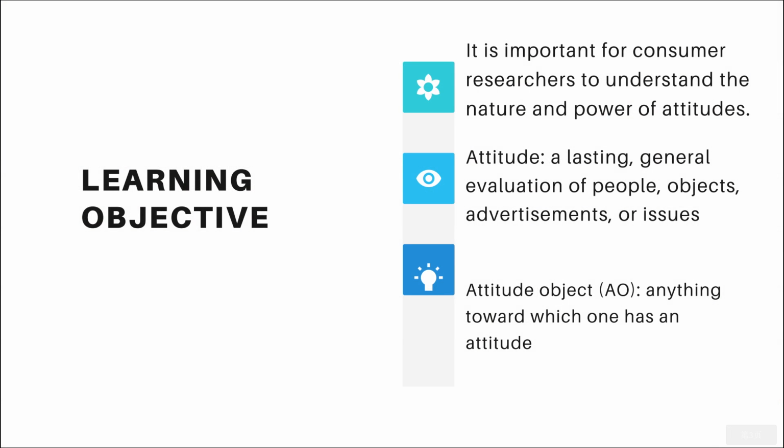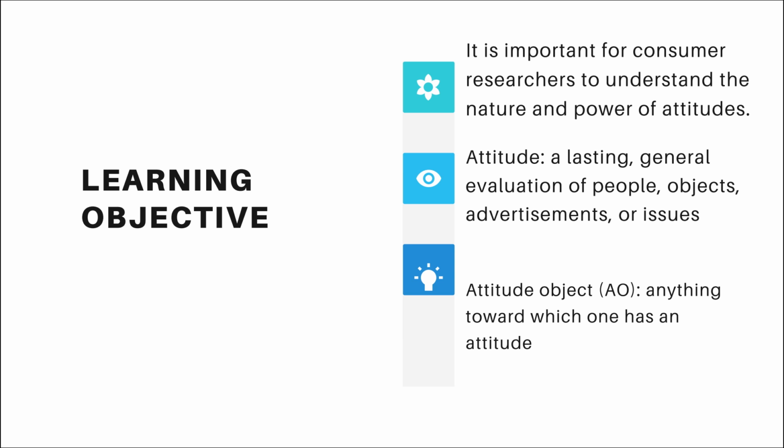All right, let's talk about the learning objective. So the learning objective is that it's important for consumer researchers to understand the nature and power of attitudes. And attitude is about a lasting, general evaluation of people, objects, advertisements, or issues.